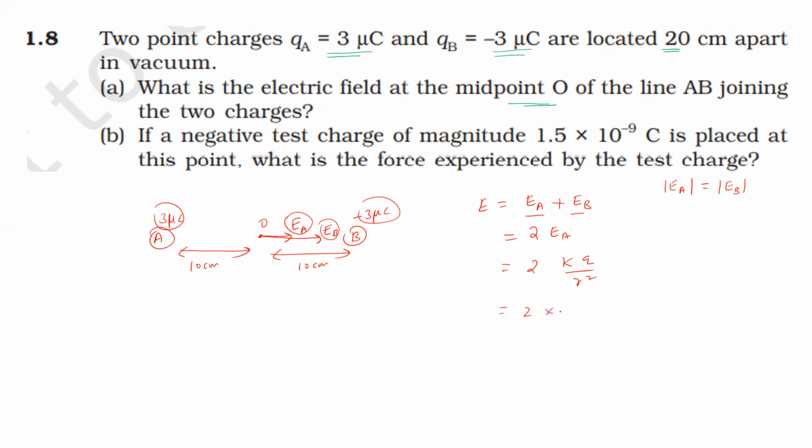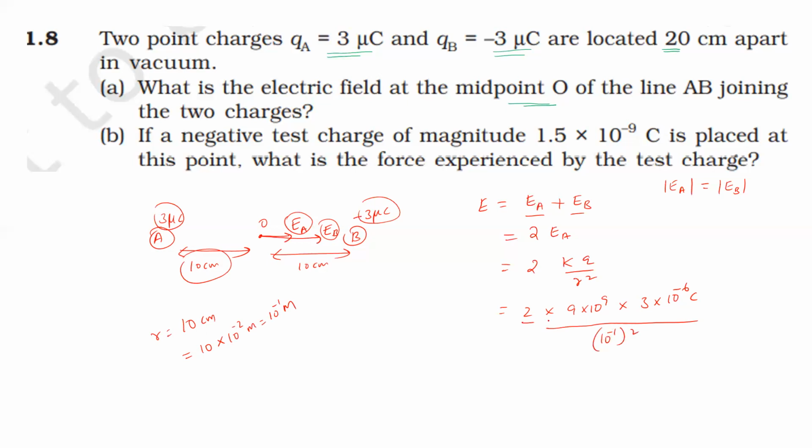Here K value is 9 into 10 power 9 and Q value is 3 into 10 power minus 6 coulomb, because microcoulomb is given and 1 microcoulomb is 10 power minus 6. The distance is 10 centimeter. We know 1 centimeter is 10 power minus 2 meter, so this is equal to 10 power minus 1 meter. So the distance is 10 power minus 1 whole square.